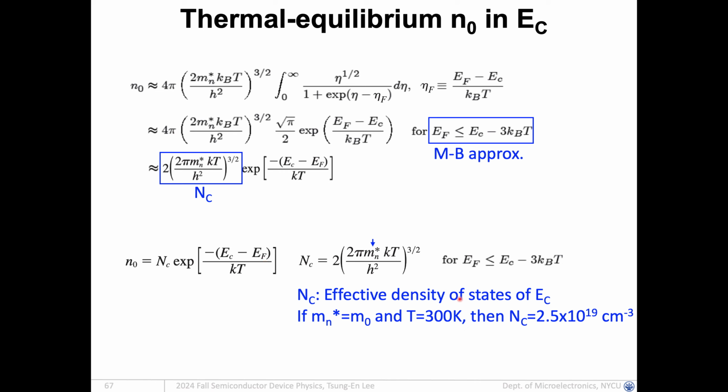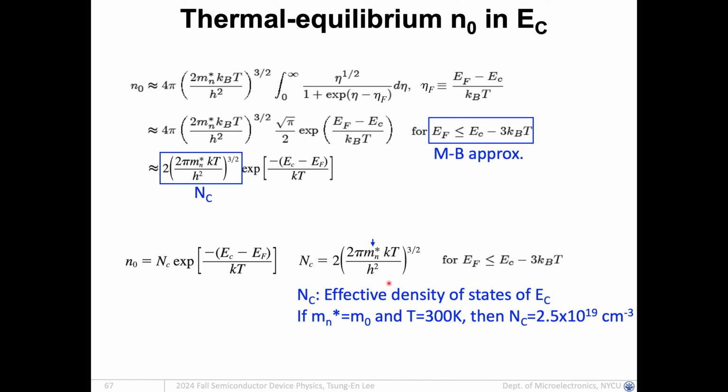And this constant, as I mentioned, is the effective density of states that is mainly determined by the effective mass, which is the density of states effective mass, not the conductivity effective mass. And it is dependent on the temperature to the 3/2 power.